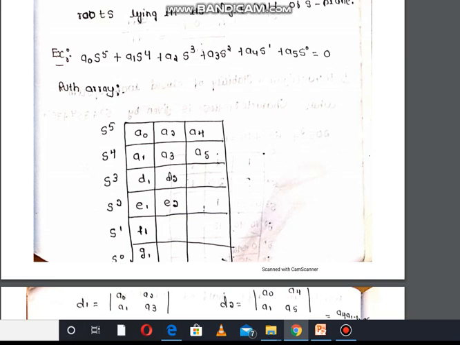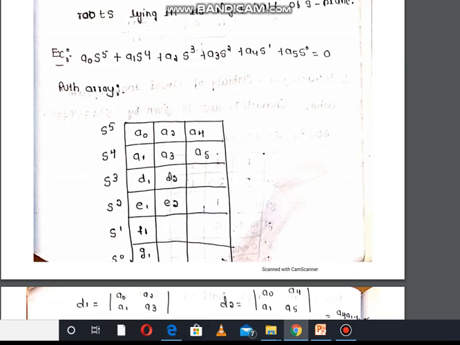In the subsequent column I write the next odd power's coefficient, a4, for s to the power 1. Okay, so that is the first row.